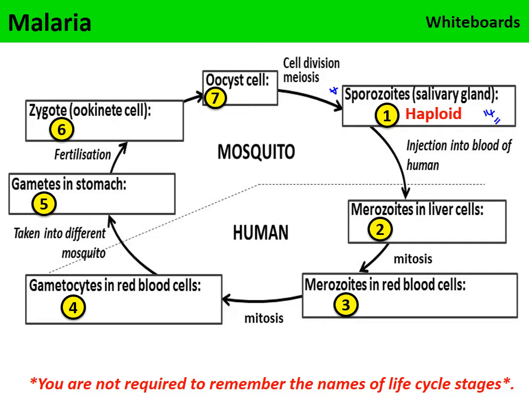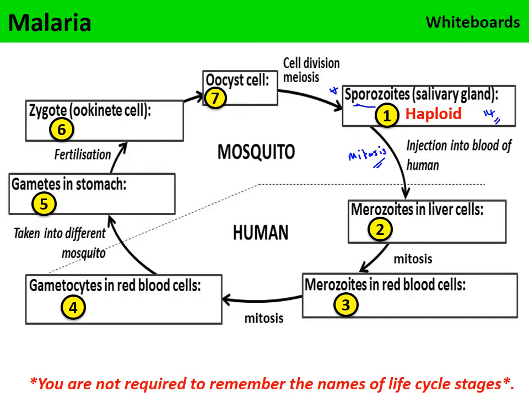Now we know these sporozoites, they infect liver cells or hepatocyte cells in the human, and they undergo cell division, and that forms a schizont, and that ruptures open, and it releases a slightly different version of the Plasmodium called merozoites. Now we know that if these sporozoites have divided by mitosis, they're going to make genetically identical cells.